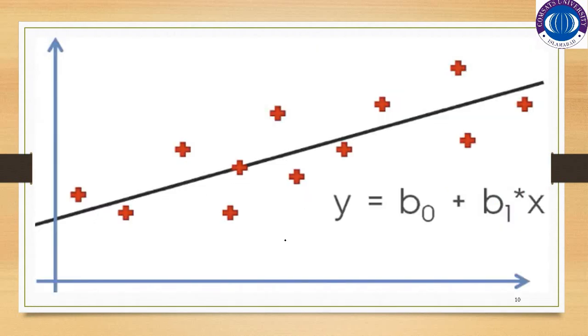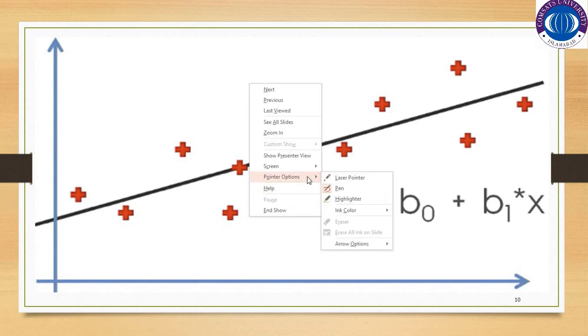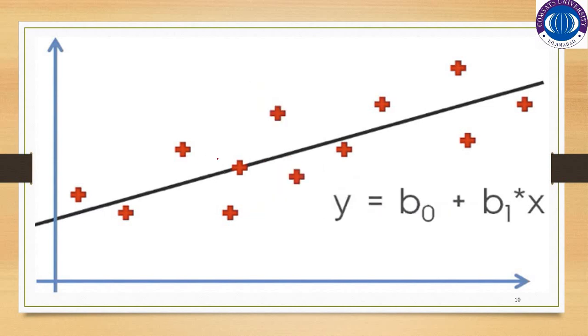Now, if we draw this regression line on the scatter plot, which contains the data points, like these are the data points, and this one is the regression line.